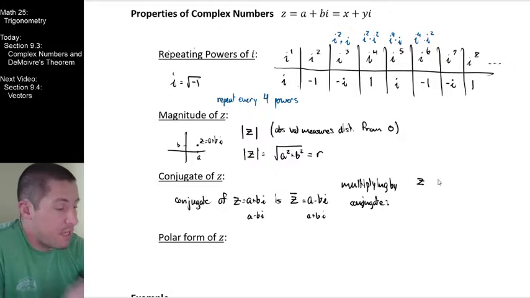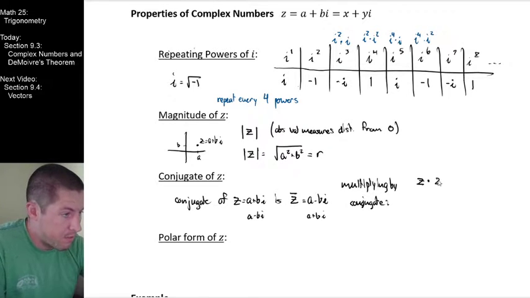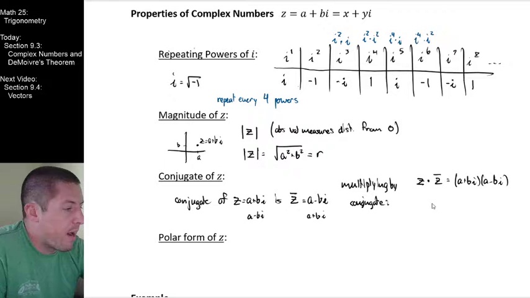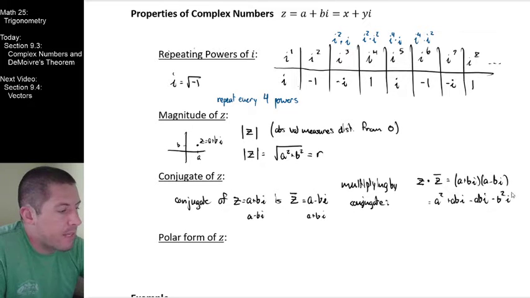Let's see what happens here. If I do z times z bar, that should be the same thing as a plus bi times a minus bi, and let's see what we get when we FOIL this out. I'm going to get a squared, a plus abi, a minus abi, and a minus b squared i squared. Now, 2 important things here.